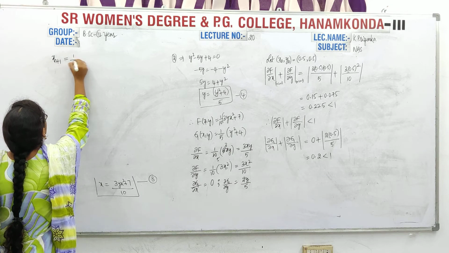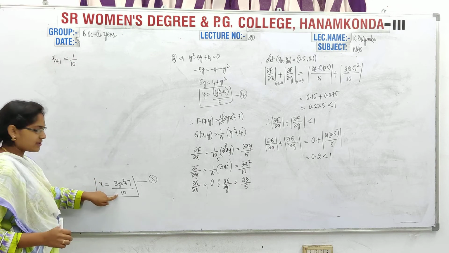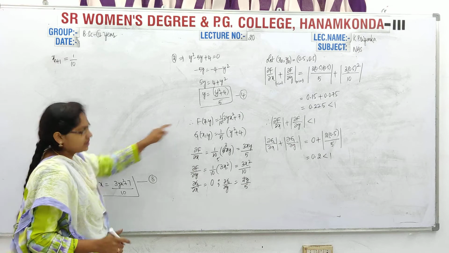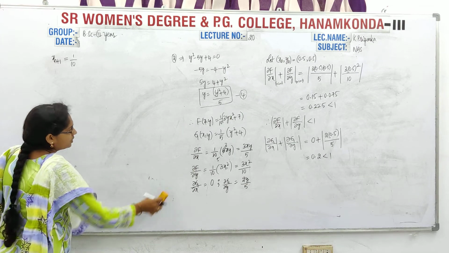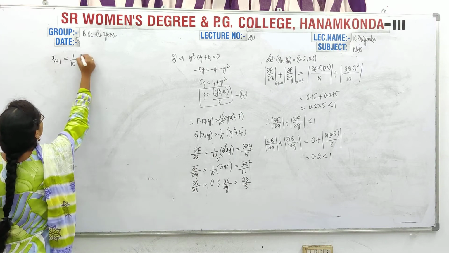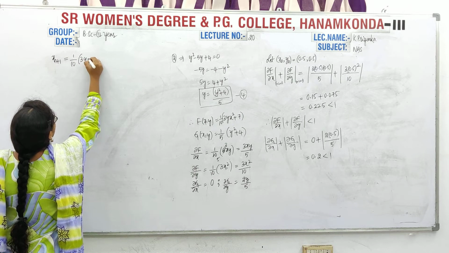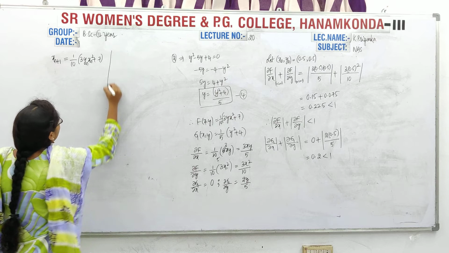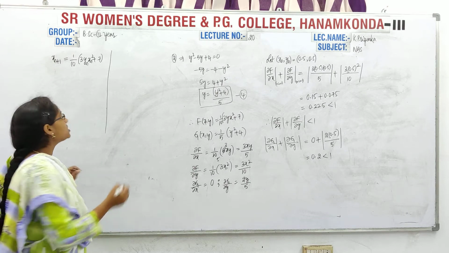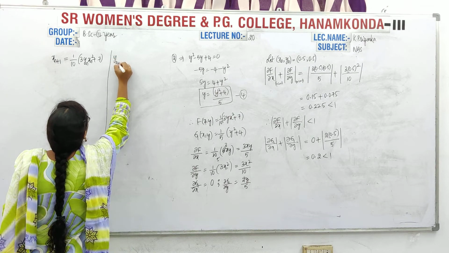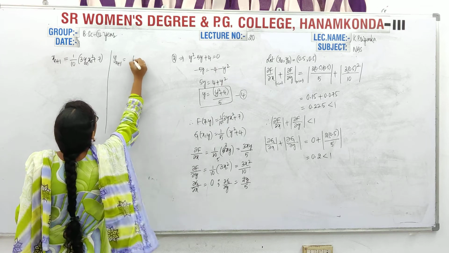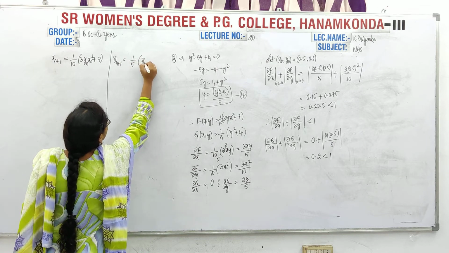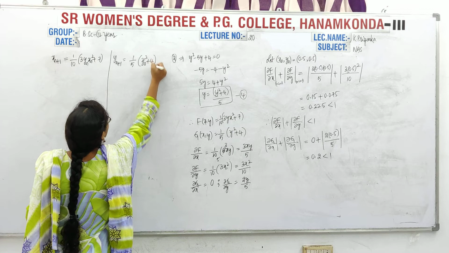That is 1 by 10 of 3yn xn square plus 7. I am taking one line between these. And next, what is the formula for yn+1? 1 by 5 of yn square plus 4.